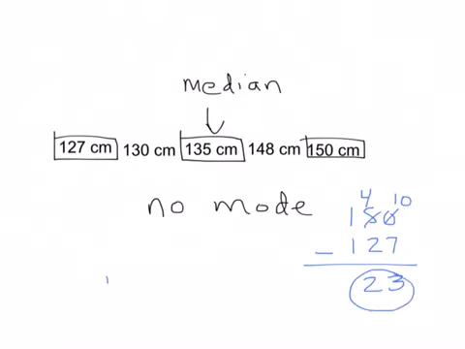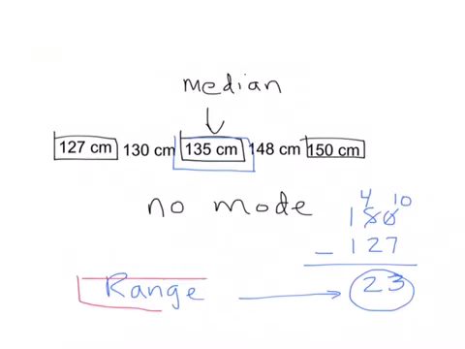So what's my range? 23. So we have no mode. Alexis found our median to be 135. And our range is just our largest piece of data minus our smallest piece of data, and that equaled 23.